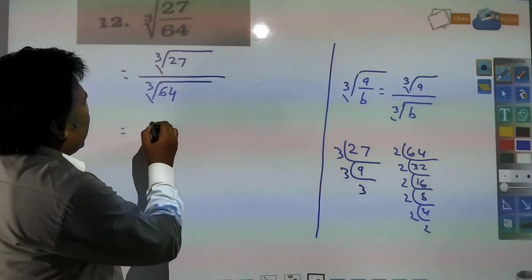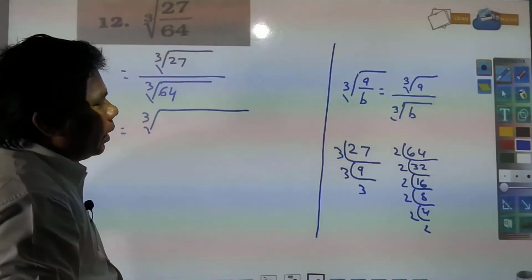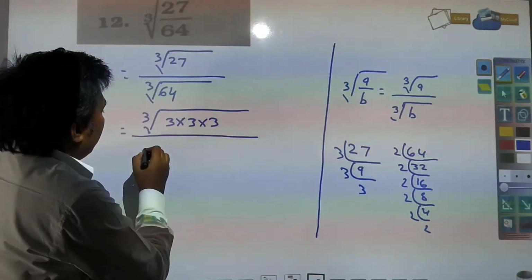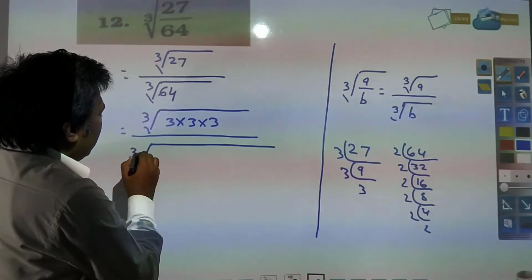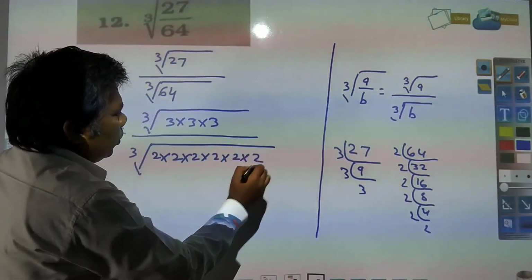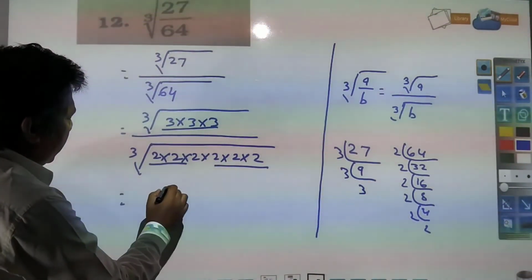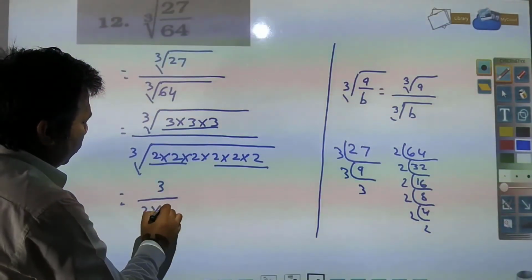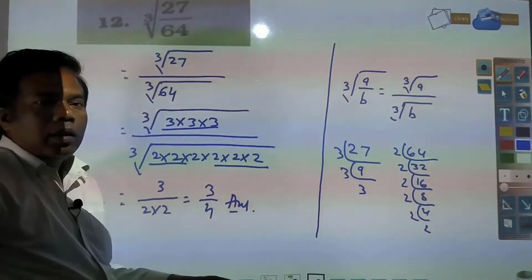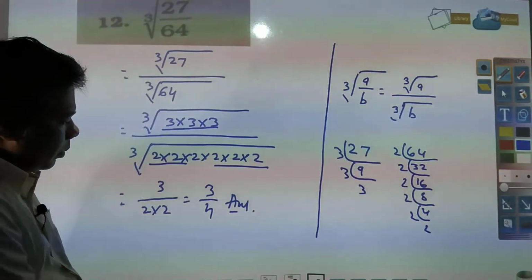So if you express these numbers as the product of their primes, they will be 3 into 3 into 3, and here you will have cube root of 2 into 2 into 2 into 2 into 2 into 2. One triplet you have here, and two triplets there, so you will have 3 by 2 into 2, it means 3 by 4, and this will be your answer. In this way I hope you have understood, you will be able to solve this type of question.